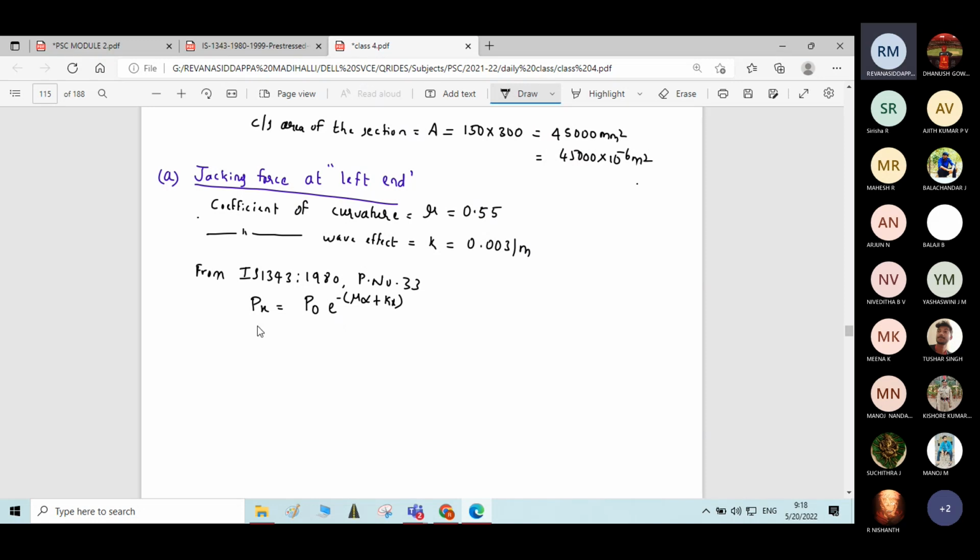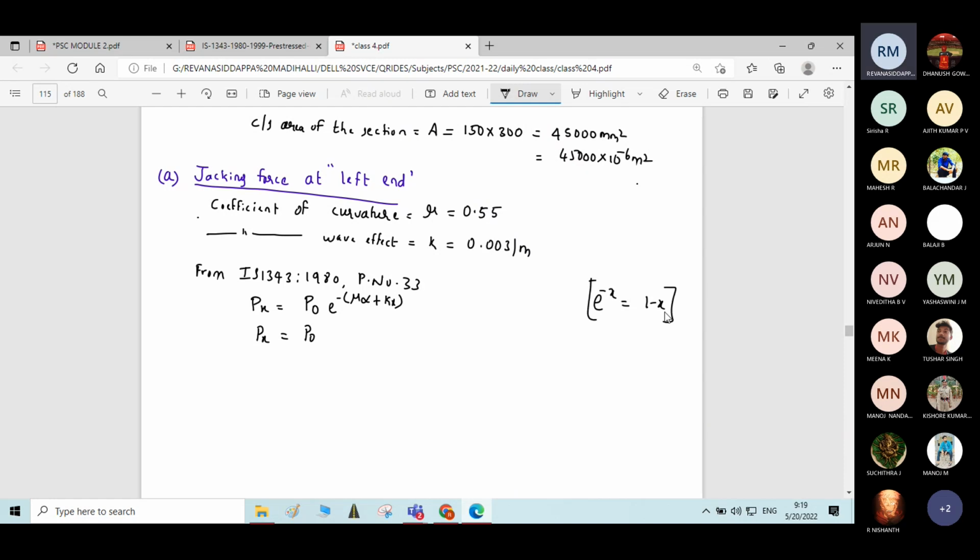So this equation can be rewritten. We have a general mathematical formula: e power minus x is approximately equal to 1 minus x.